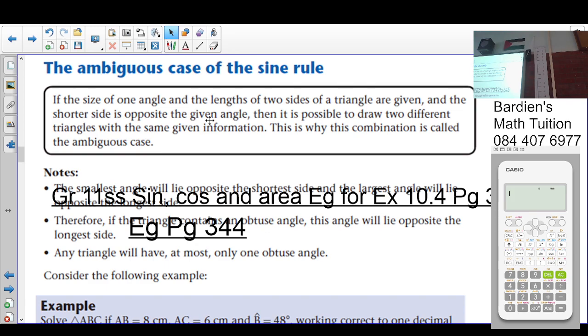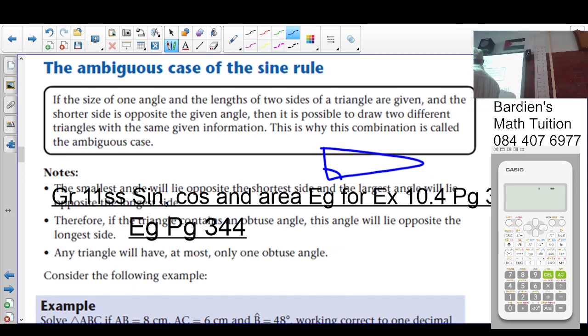So if we are given an angle and the length of two sides, the size of one angle and the length of two sides of the triangle, and the shorter side is opposite the given angle, then if this is the shorter side, this angle here can be acute, and it can be obtuse.